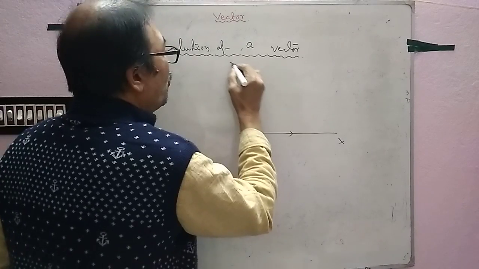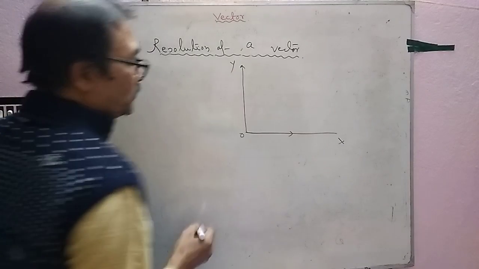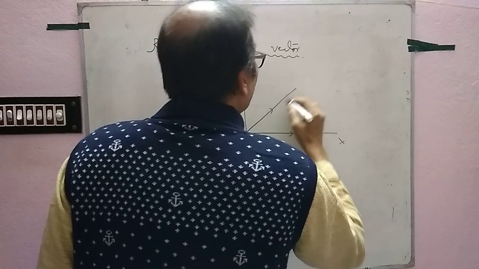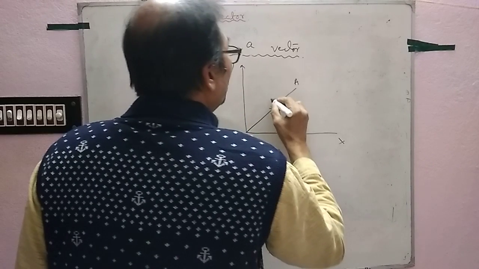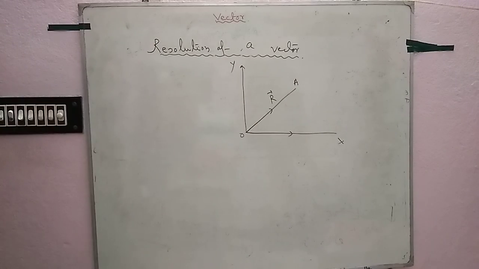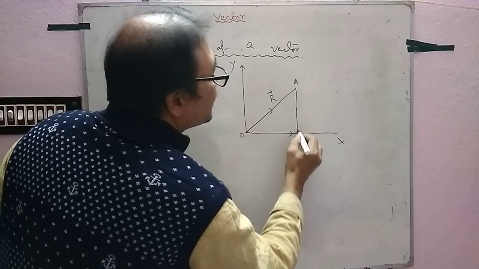OX, OY, two coordinate axes, perpendicular. Now OA is a vector, suppose this is R vector. Now draw a perpendicular from A on the x-axis.